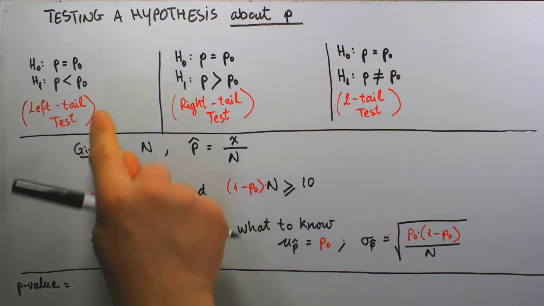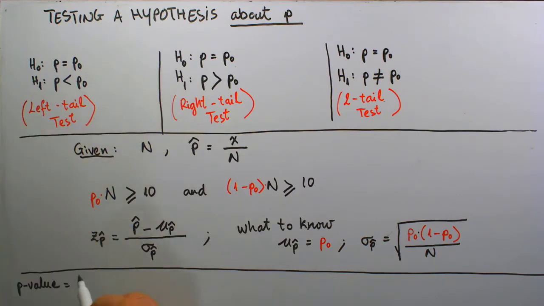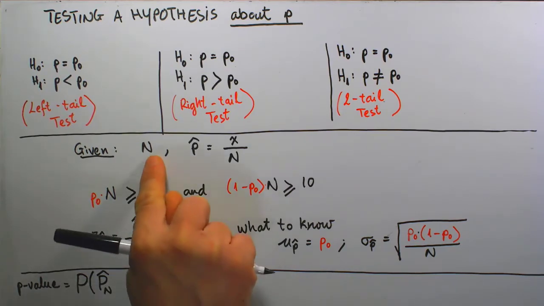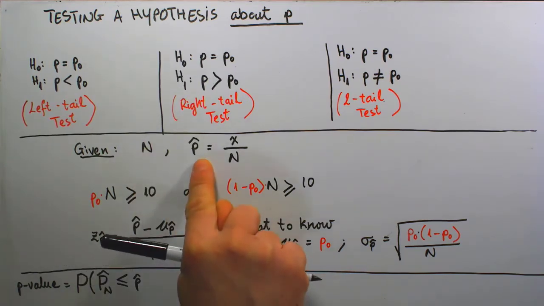When our test is decided from the beginning to be a left-tail test, we will calculate the p-value by setting up the following calculation. We find a probability where, among all sample proportions at size n given in the problem, we would find one that is less than or equal to the specific sample proportion that we have in our problem.